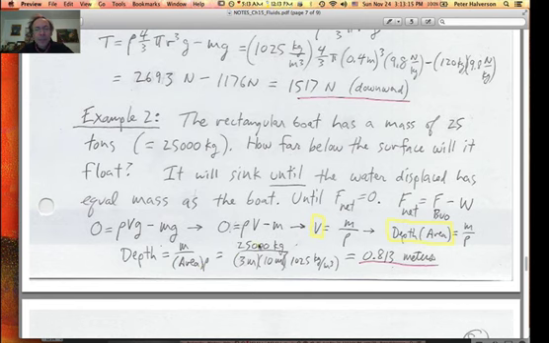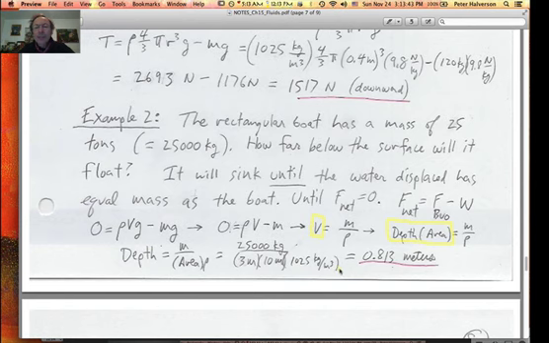We plug in the numbers. The boat's mass was 25 tons, and the area of the boat is 3 meters by 10 meters. And then we multiply by the density of seawater. Seawater is a little bit more dense than fresh water.